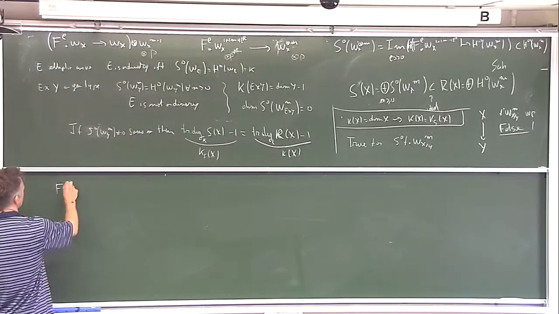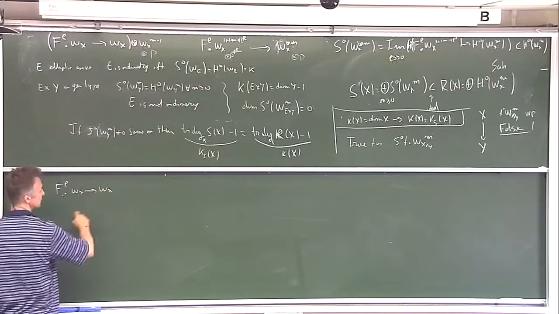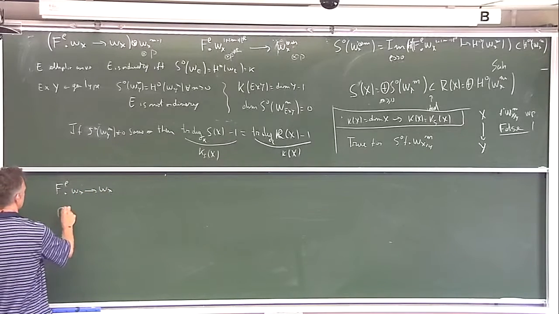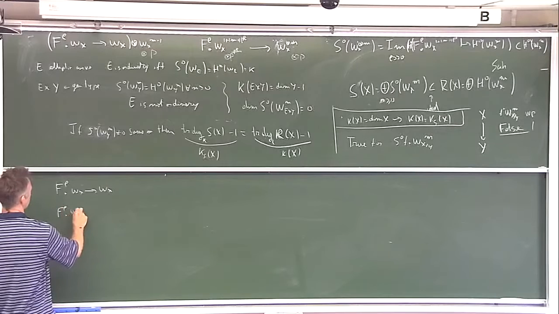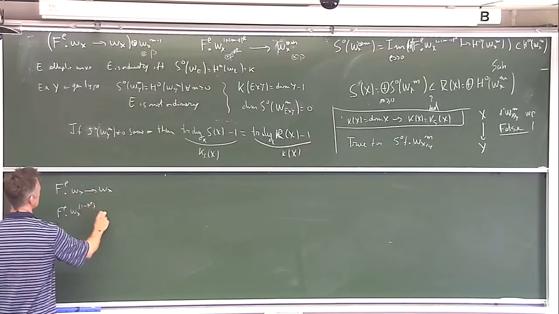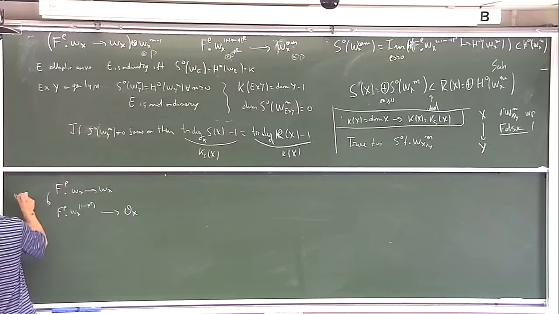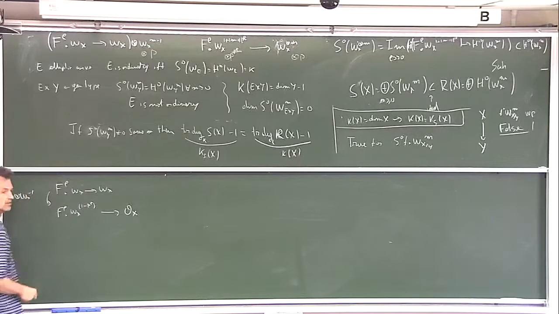You have F^e_* of omega_X to omega_X. You rewrite this as F^e_* of omega_X^(1-p^e) to O_X. All I did is I tensored by omega_X inverse.